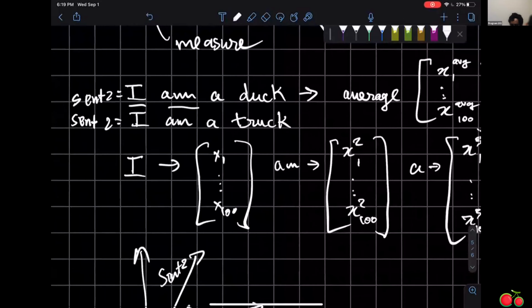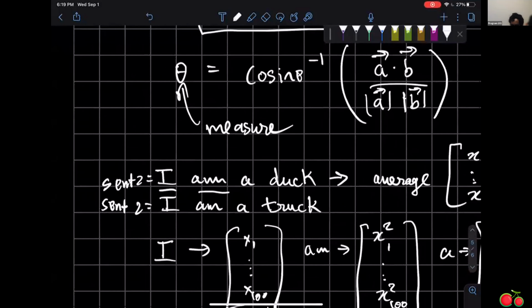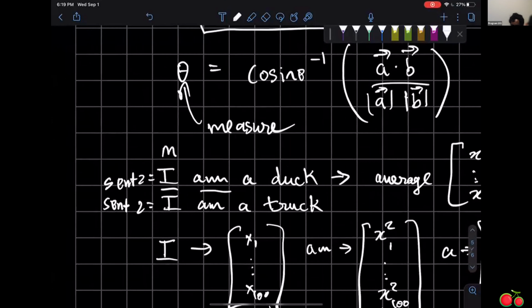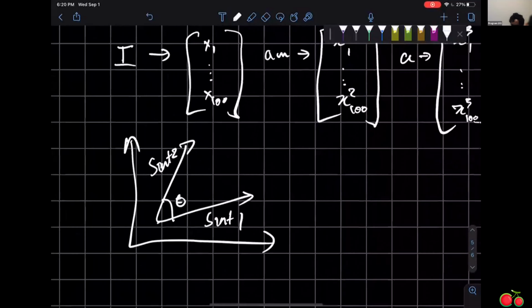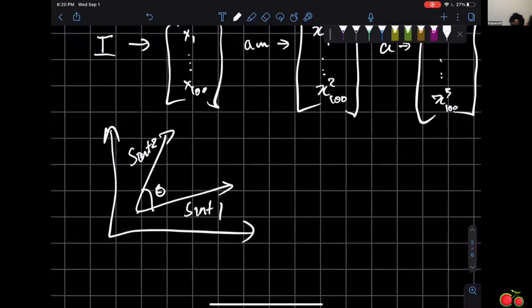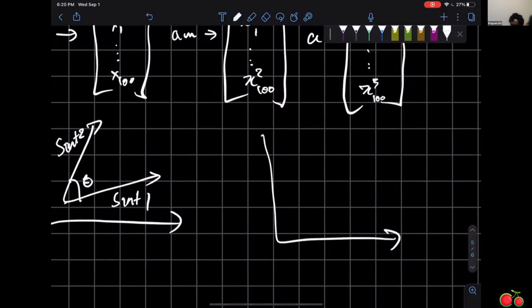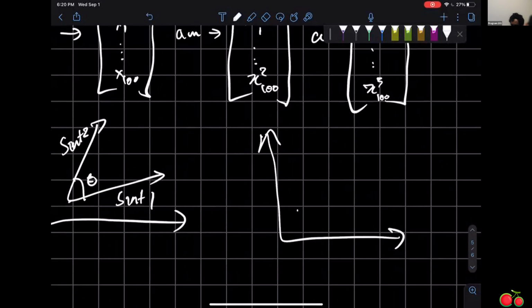So suppose you have these 2 sentences, and you have a third sentence that I'm writing. I might have a situation where this is sentence 1, this is sentence 2, and my third sentence might be like this, right?